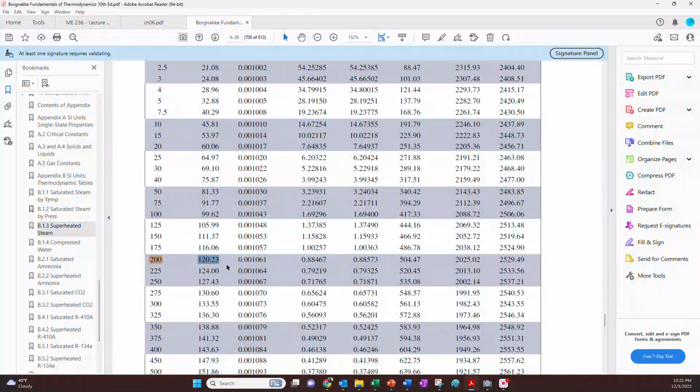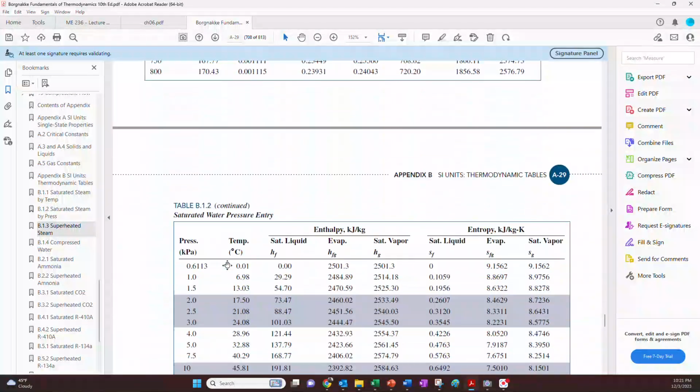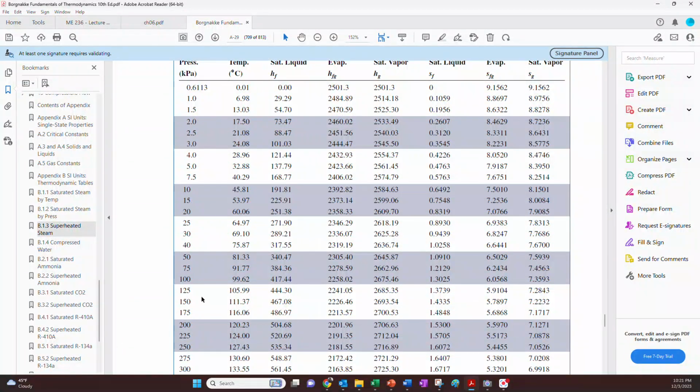And I don't think we need that. We need 200 here. And we need the vapor, the saturated vapor properties.